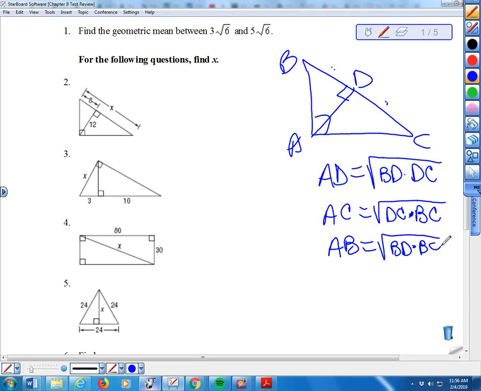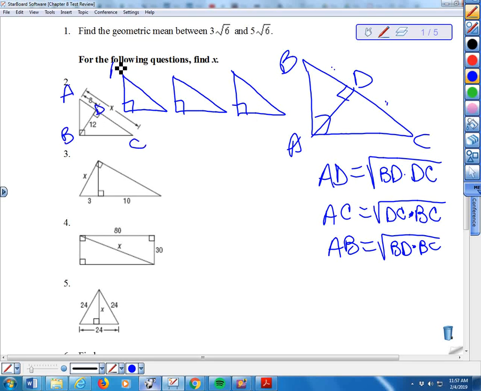Those formulas are a lot easier than having to do the 3 triangle method. But I'm going to show you the 3 triangle method to refresh you, just in case you can't remember the formulas tomorrow. So, three triangles. Let's call the big one ABC.